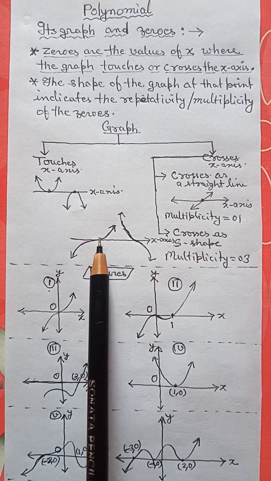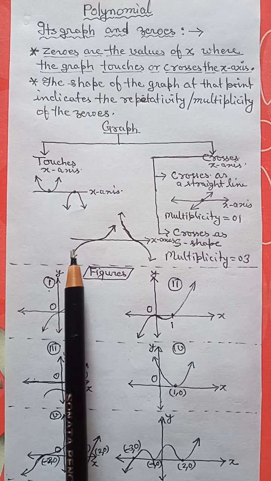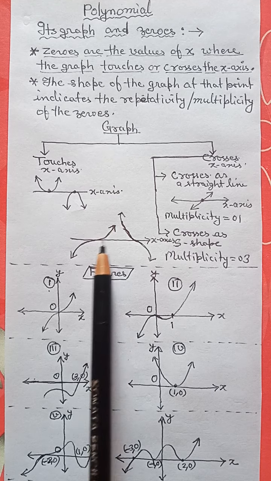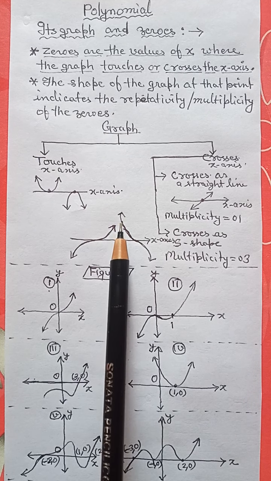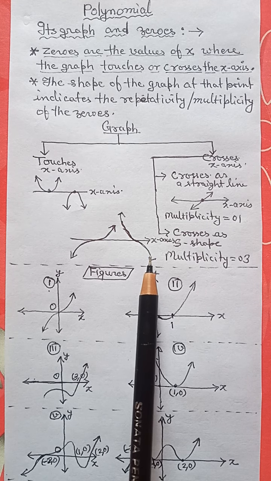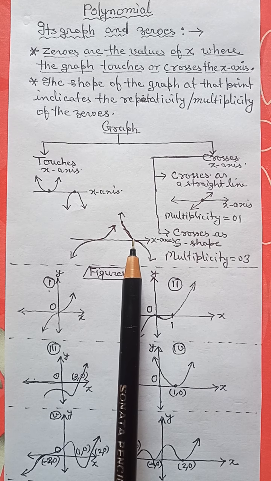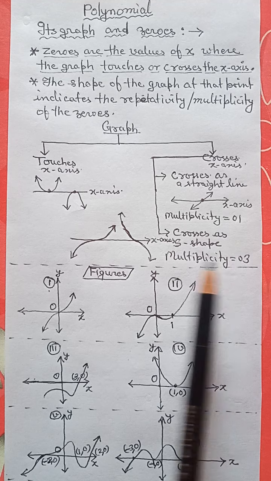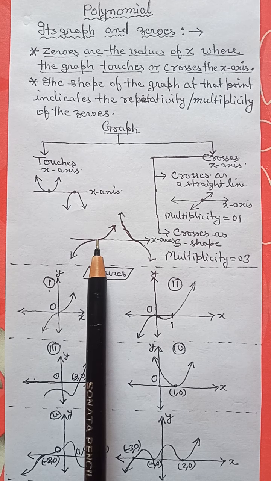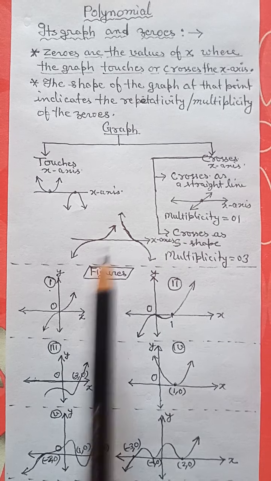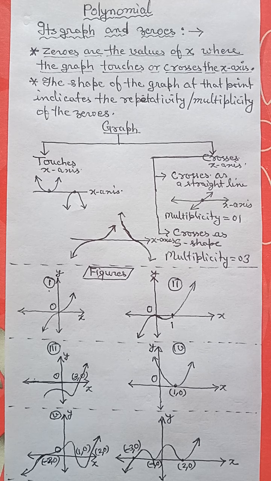It is not crossing as a straight line, it is crossing like an S. Here it is also crossing like an S, and therefore here the multiplicity is 3. Here the multiplicity is also 3. Let us understand this concept with the help of some examples.